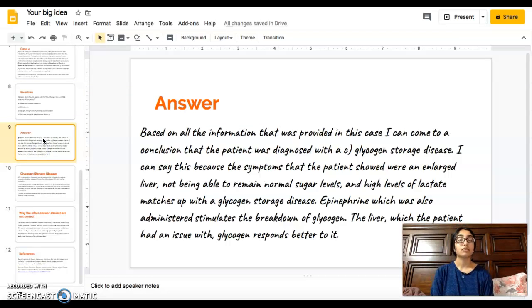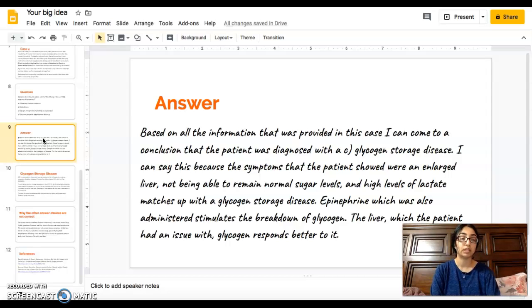Based on all the information given in this case, I can come to the conclusion that the patient was diagnosed with C, glycogen storage disease. I can say this because the symptoms the patient showed were, number 1, an enlarged liver, which is the main symptom; number 2, not being able to maintain normal sugar levels like she's supposed to; and number 3, high levels of lactate, which matches up with glycogen storage disease.